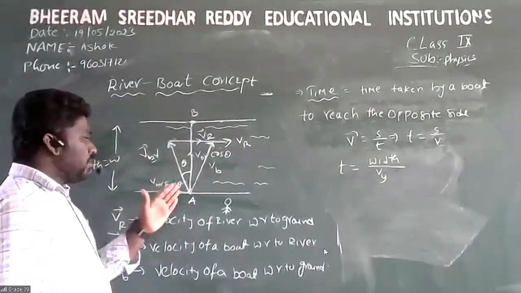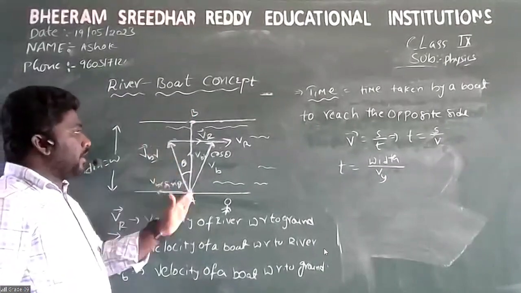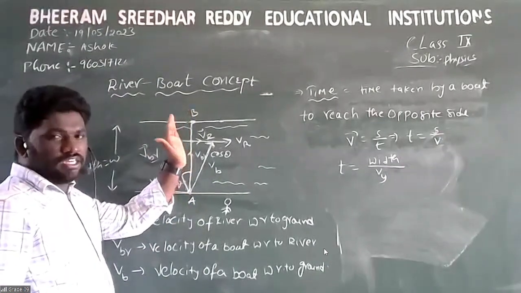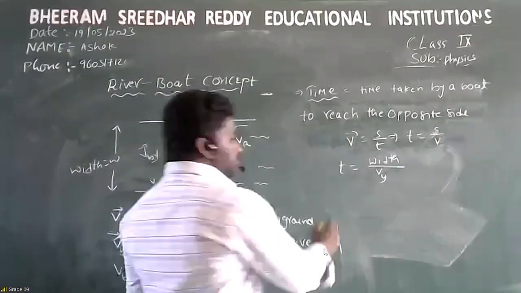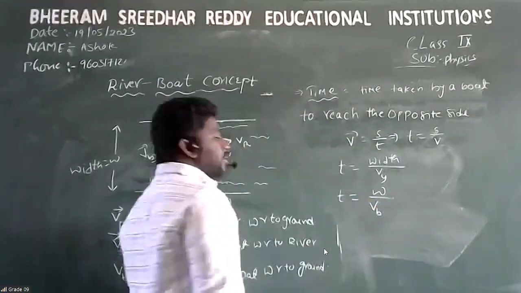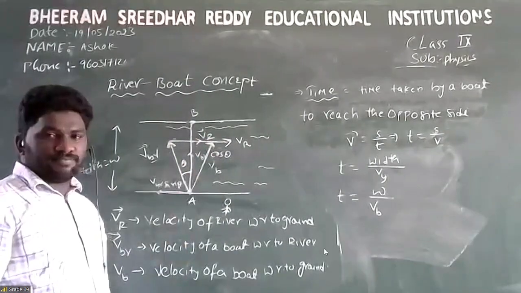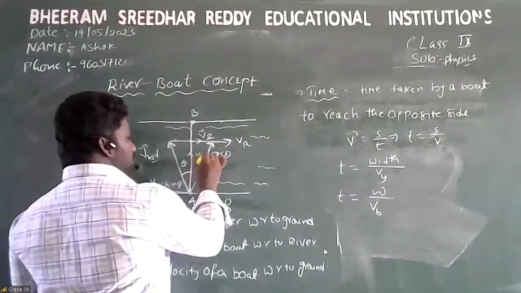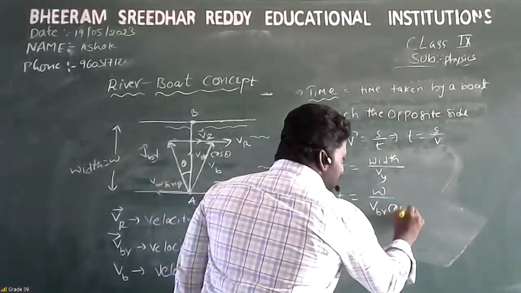Why? Because here we are going to find the time taken by the boatman to reach the other side, that is a vertical displacement. That's why here we have to use the vertical velocity. Now the time t is equal to width W by the vertical component of the velocity of the boat, which is VBR cos theta.